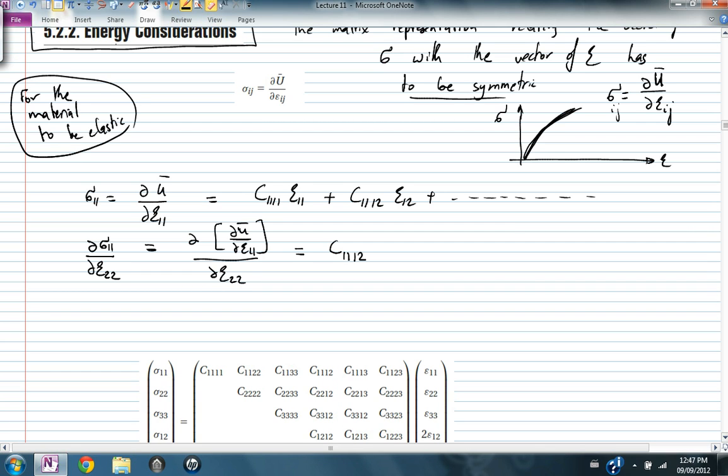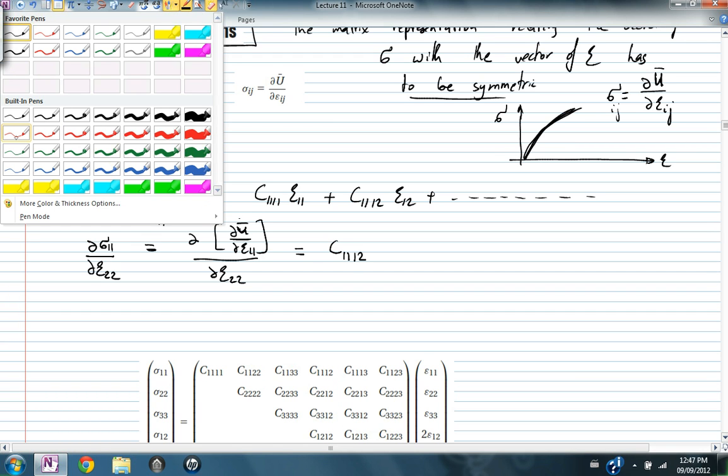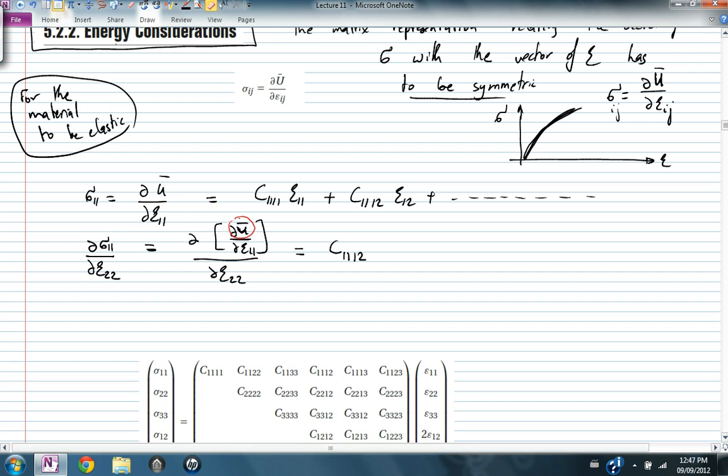But because we assumed that this U exists because it's an elastic material, this is equal to partial by partial epsilon 11, and I'm going to replace partial epsilon 11 with partial epsilon 122, which will happen to be equal to C2211, which means if I swap these two with these two, I get the same constant.